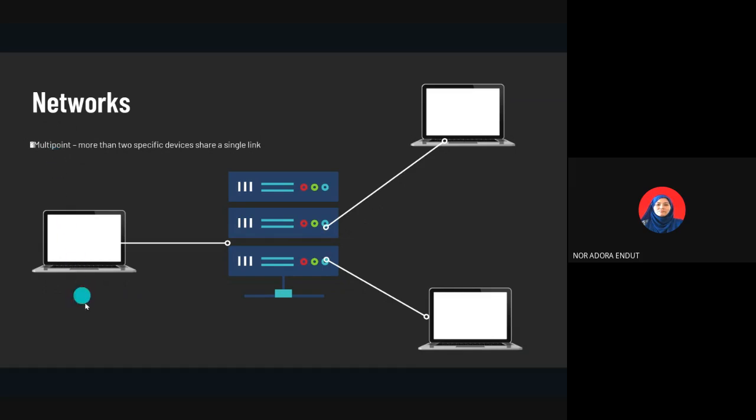Multi-point means more than two specific devices share a single link. Our internet, the service provider lays the underground cable and everyone shares it. Our Wi-Fi, the wireless router: everyone in a house shares the air, the free air medium, to get internet. So that is a multi-point network.